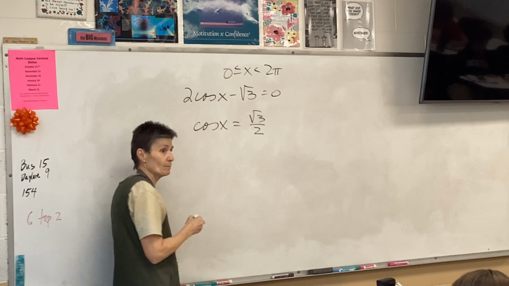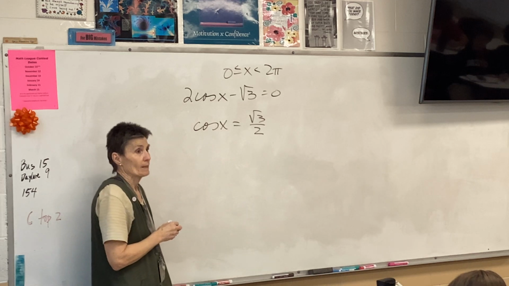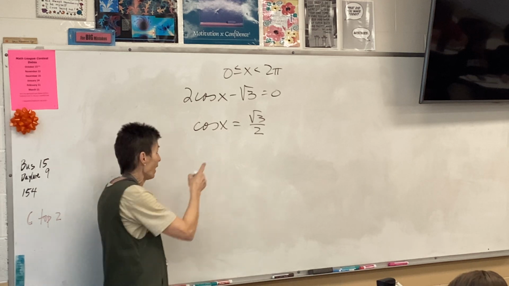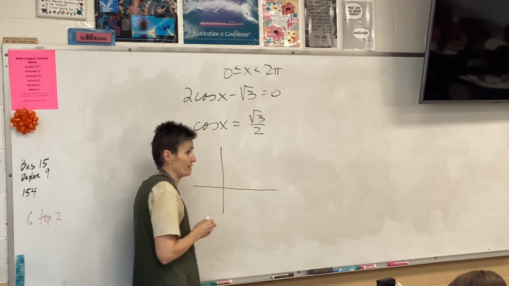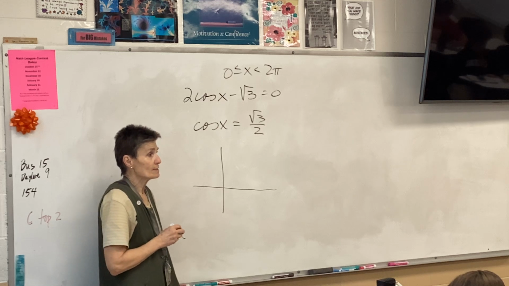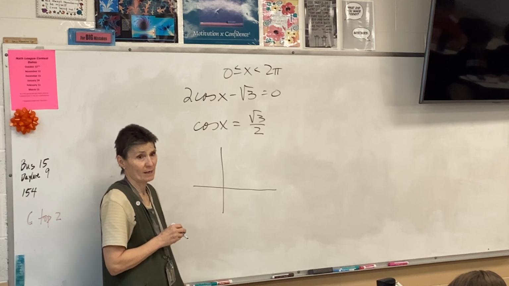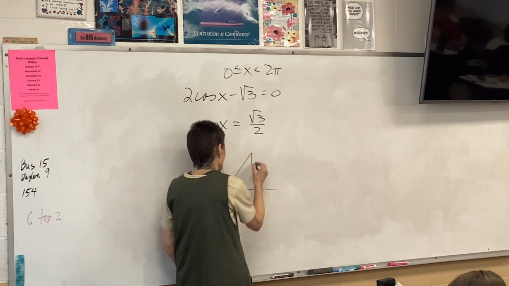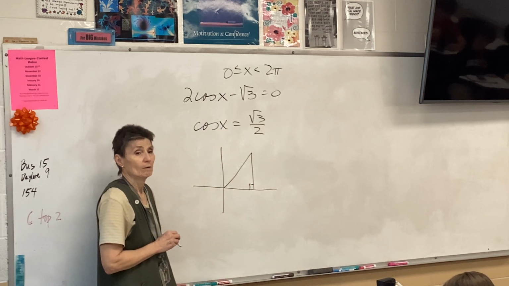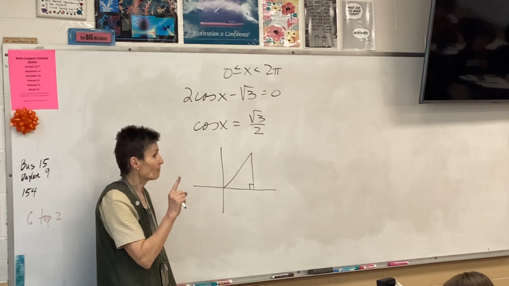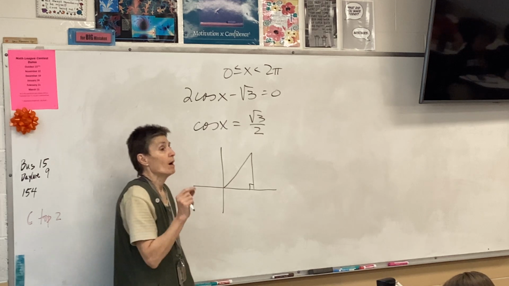So everybody okay with this? Now, that is a positive number, and it's a cosine. Where is cosine positive? Certainly quadrant 1. Where else is cosine positive? 4. Now, that should not be a confusing thing for you.